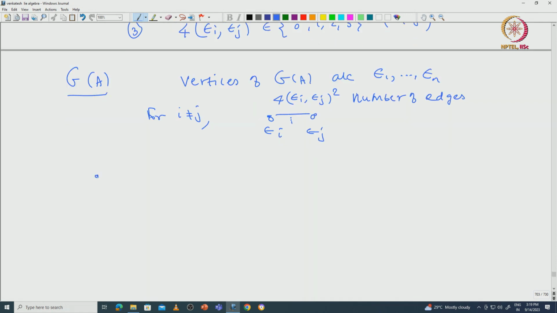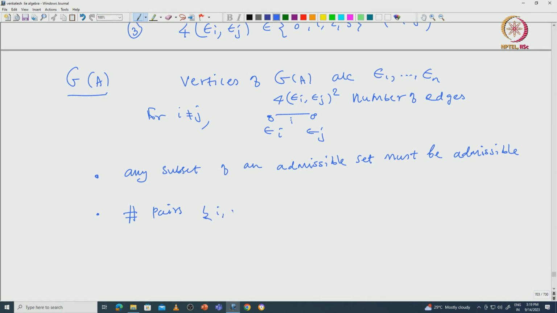Let me recall. Any subset of an admissible set must be admissible. This is easy to see. The second point: you count the number of pairs i, j such that (epsilon i, epsilon j) is non-zero.